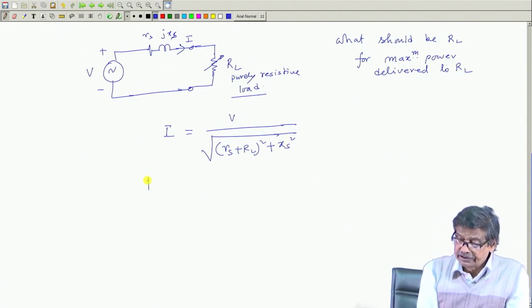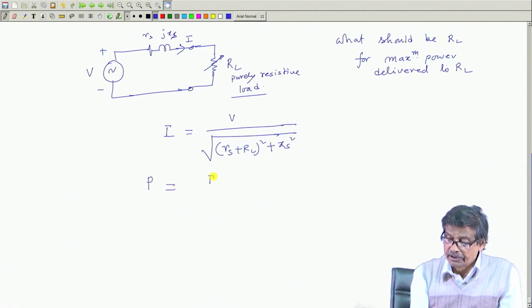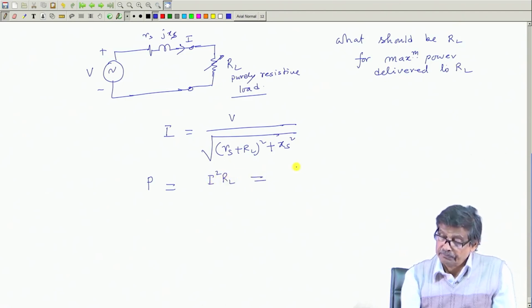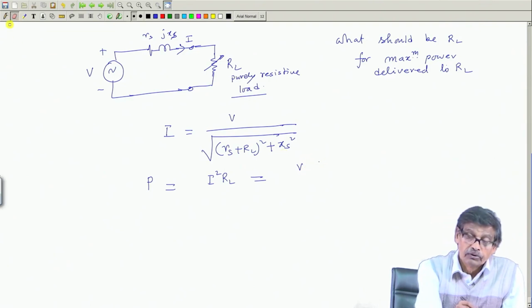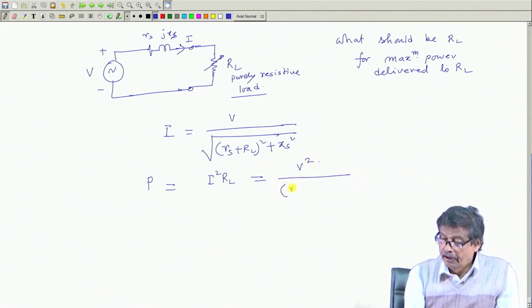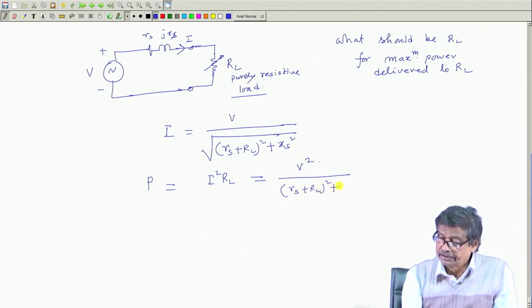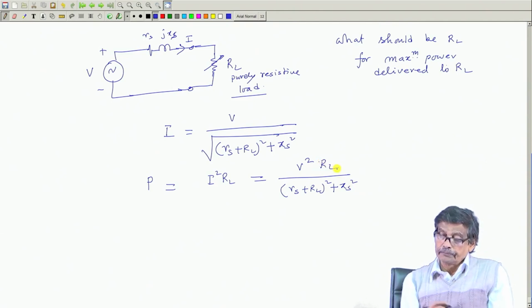And what is the expression of power for any value of RL? It is I square into RL, which is equal to V square, put the value of the current. So, V square by (RS plus RL) whole square plus XS square into RL, this will be the power.